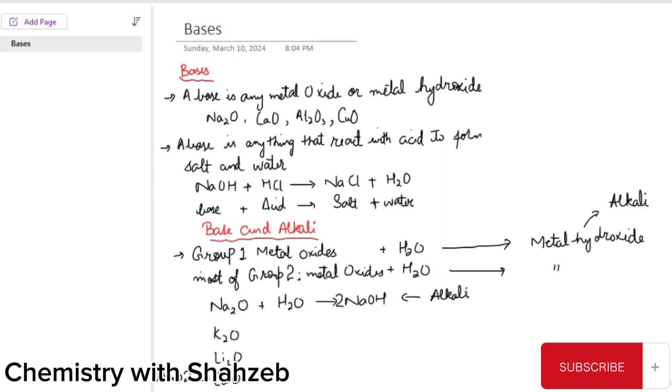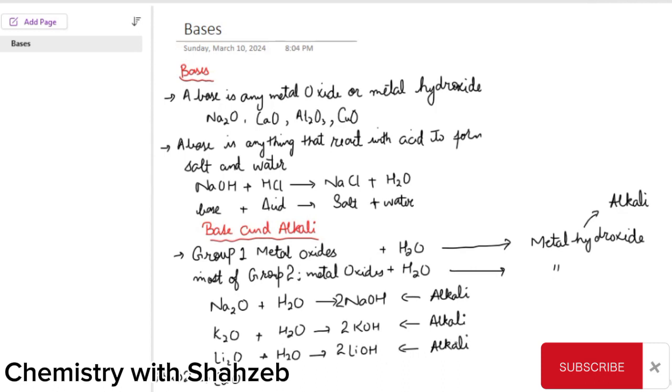So can we say that an alkali is a soluble base? Alkali is a soluble base. For example, potassium oxide also dissolves in water and forms potassium hydroxide, which is also a soluble base and is said to be an alkali. Lithium oxide also dissolves in water to form lithium hydroxide, which is also an alkali.